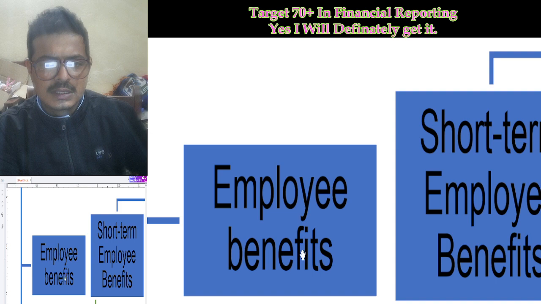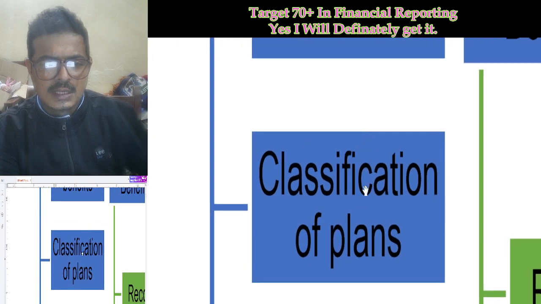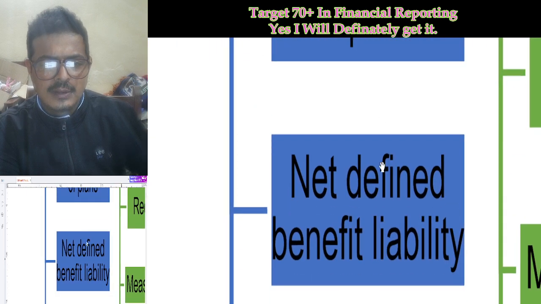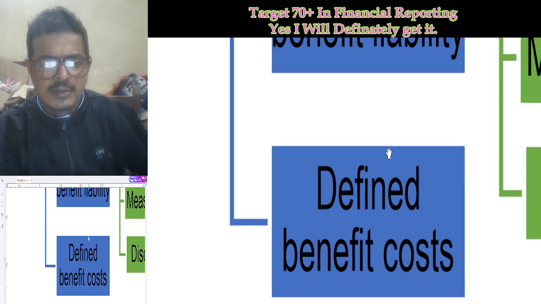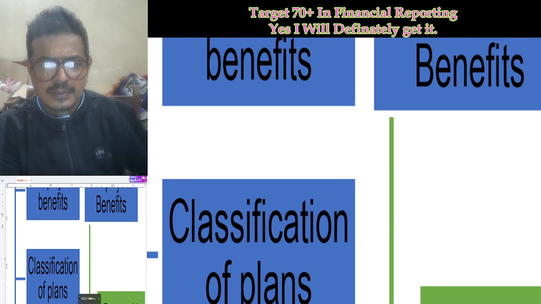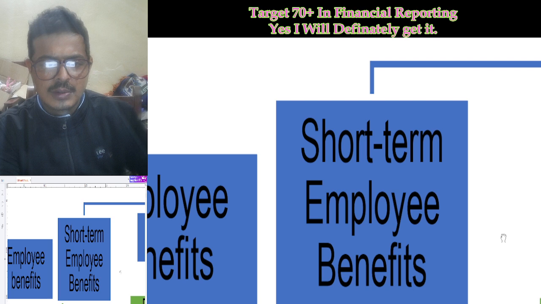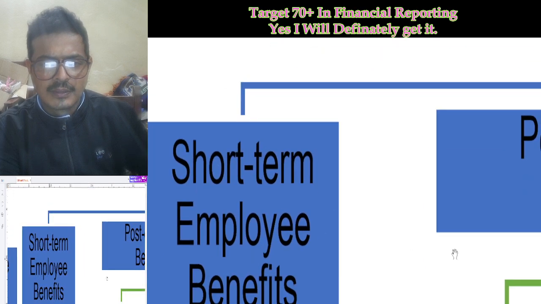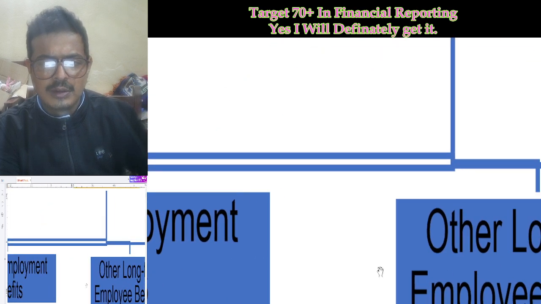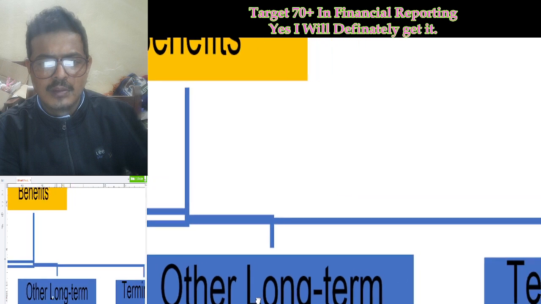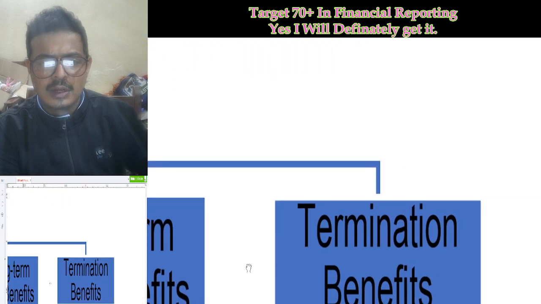Employee benefits, classification of plans, net defined benefit liabilities, defined benefit cost. Their definitions: short-term employee benefits, post-employment benefits, other long-term employee benefits, and termination benefits.